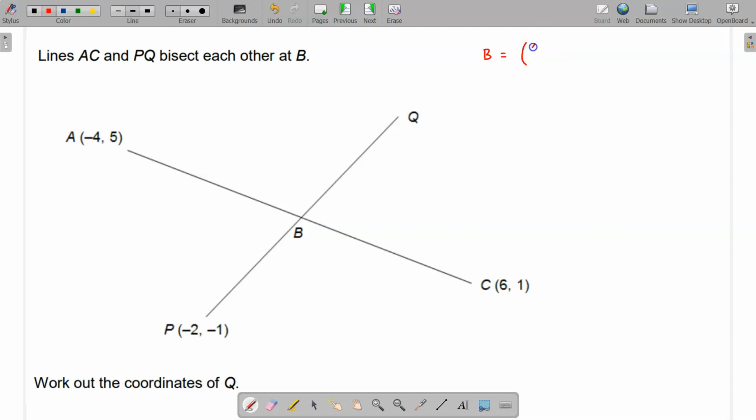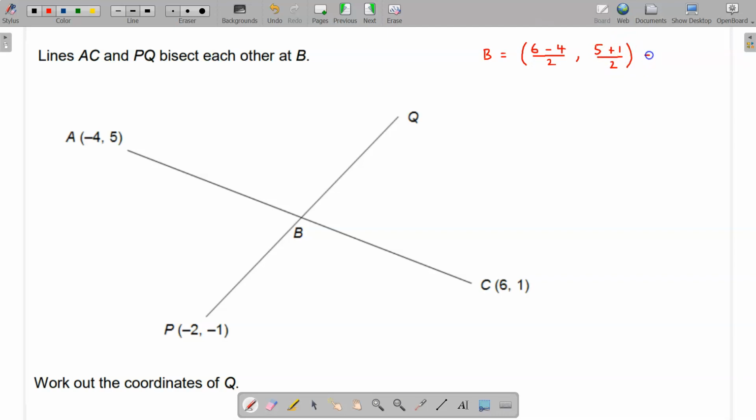So it's 6 plus -4, adding the two x coordinates together, and dividing that by 2 to find the middle of those. And the y coordinate is going to be 5 plus 1, and that's also divided by 2 to find the midpoint.